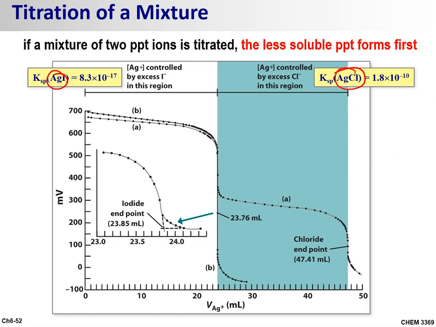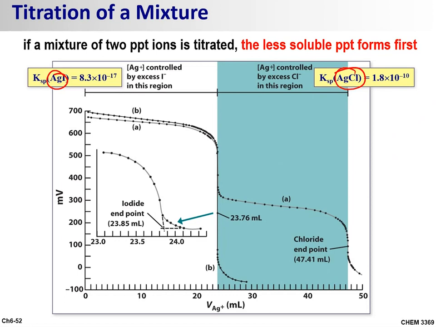So there are two questions here, okay? Which precipitate will form first? So in other words, will it be iodide that is precipitated first, or will it be chloride that is precipitated first? This is relatively easy to answer. The less soluble precipitate will form first.